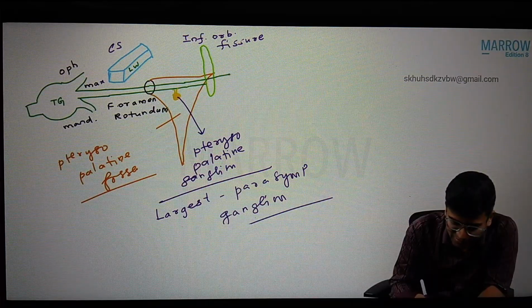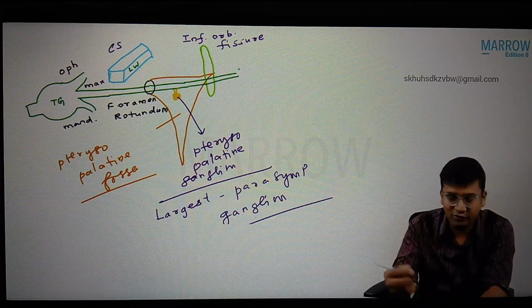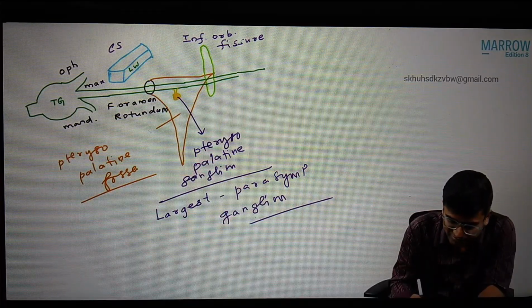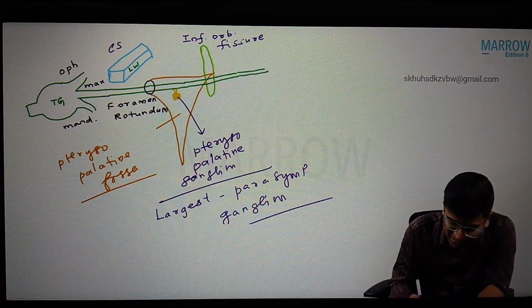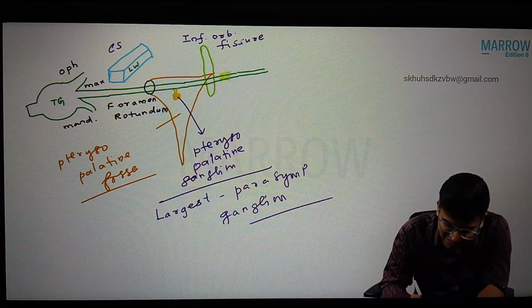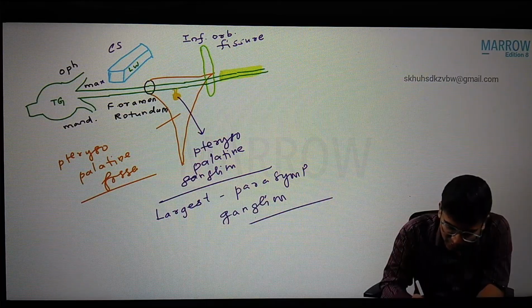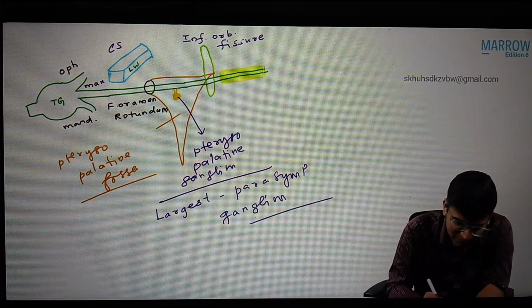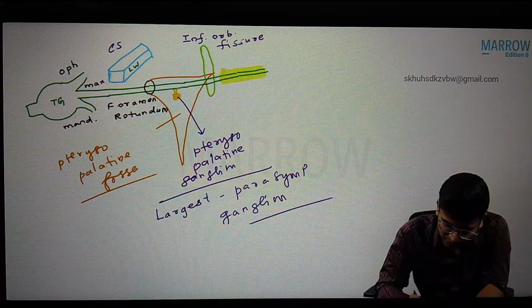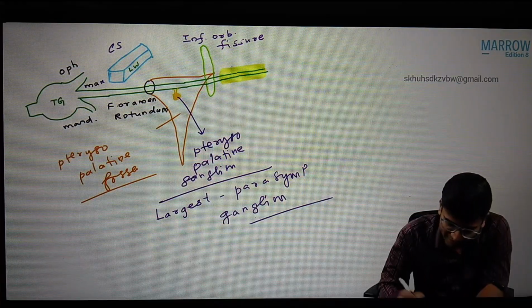Now in the orbit, the maxillary nerve is passing in the canal in the floor of the orbit. Now this is the maxillary nerve, passing in the infraorbital canal.